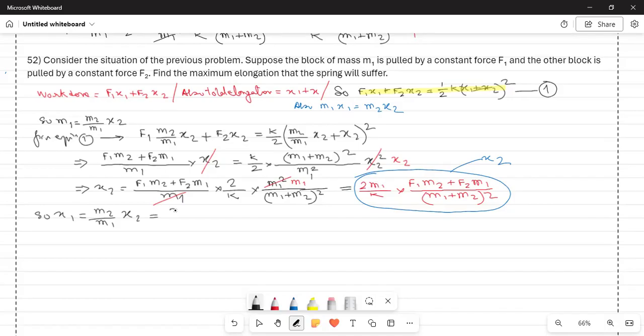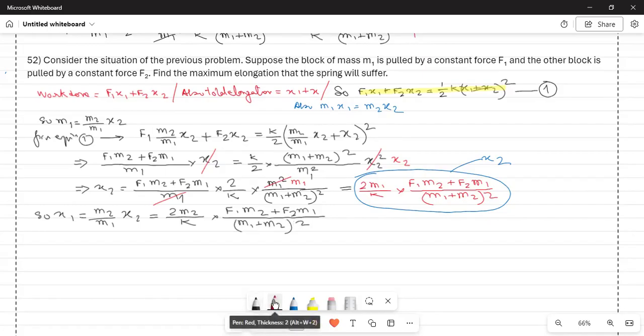So this is equal to 2 m2 divided by k, and the remaining thing remains the same: F1 m2 plus F2 m1 divided by m1 plus m2 whole square.